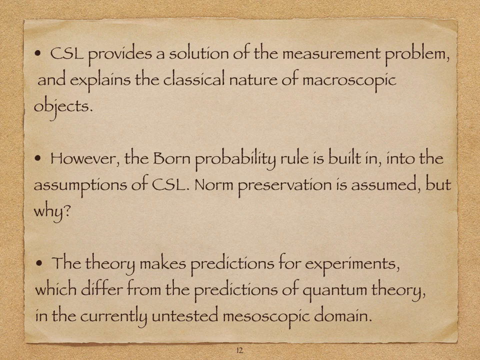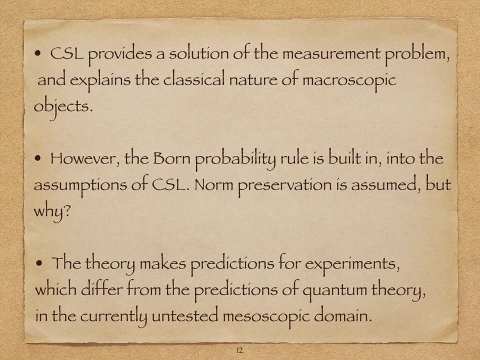So one is trying to do further more refined experiments in which either collapse models will be violated or quantum theory will be violated. Such experiments are currently going on, and that's extremely interesting. We talk about that in part 3 of this chapter, that in the currently untested mesoscopic domain, the predictions differ from those of quantum theory in a sufficiently large way that you can hope to test them.